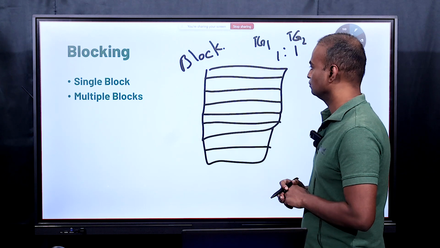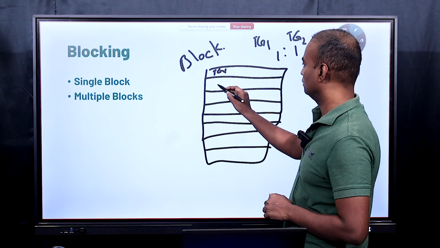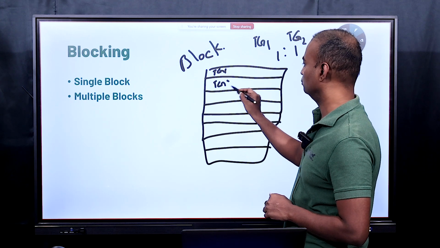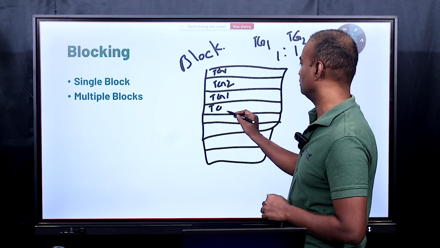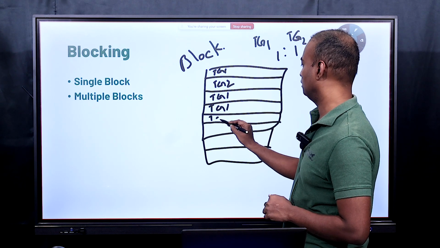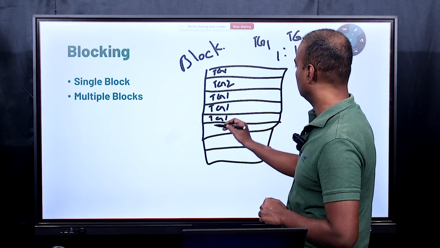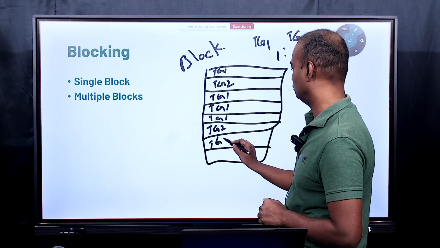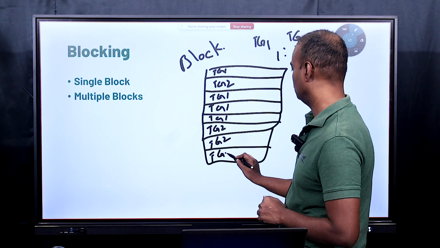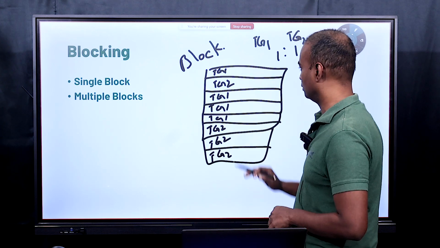What I do is, I will keep this entry for TG1, this entry for TG2, this entry for TG1, this entry for TG1. How many TG1? 1, 2, 3, 4. Okay, and this way I keep for TG2, TG2, TG2. Okay, there are 4 TG1s and 4 TG2s.